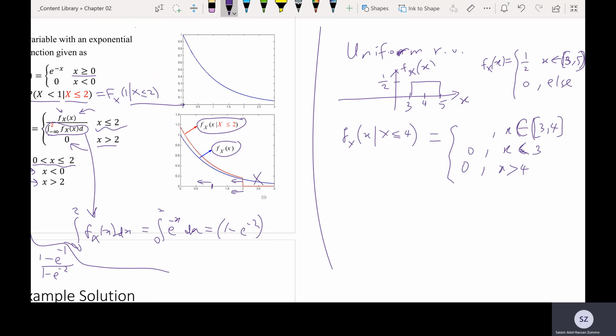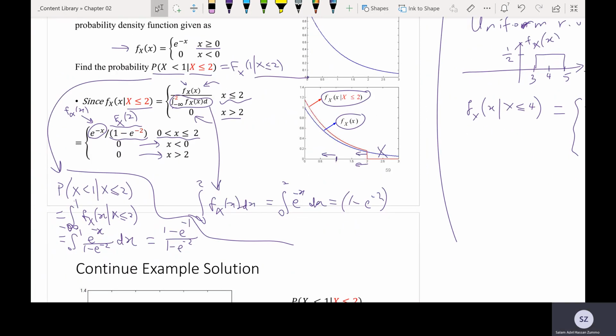So it's 1. Why? Because given x less than or equal to 4, the new sample space is between 3 and 4. So you need to divide by the probability that x is less than or equal to 4, which is half. So it's half divided by half, which is 1. Any question?